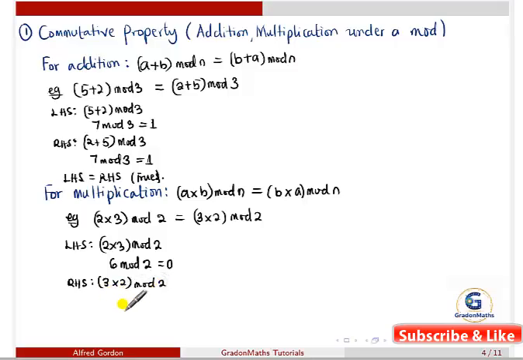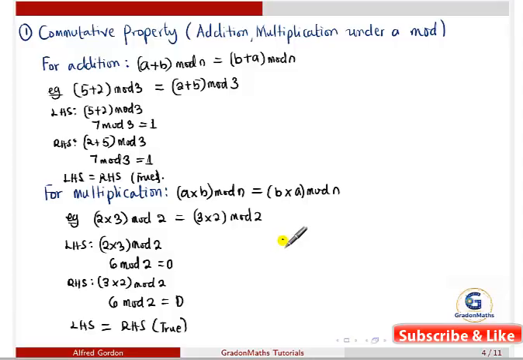We know 3 times 2 is also 6, and 6 mod 2 will give us a result of what? 0. So as we can see, the left hand side result is 0, the same as the right hand side result, which is also 0. Therefore we can see that yes, our statement about the commutative property for multiplication is also true.